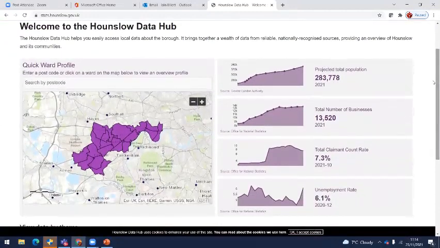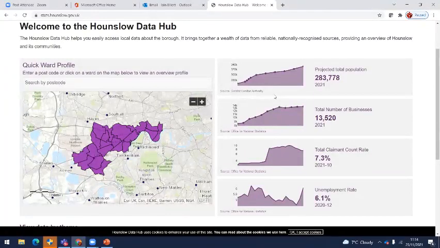You can see the projected total population for 2021 and the source. This is a good idea when you write your bids. You don't have to have full footnotes.